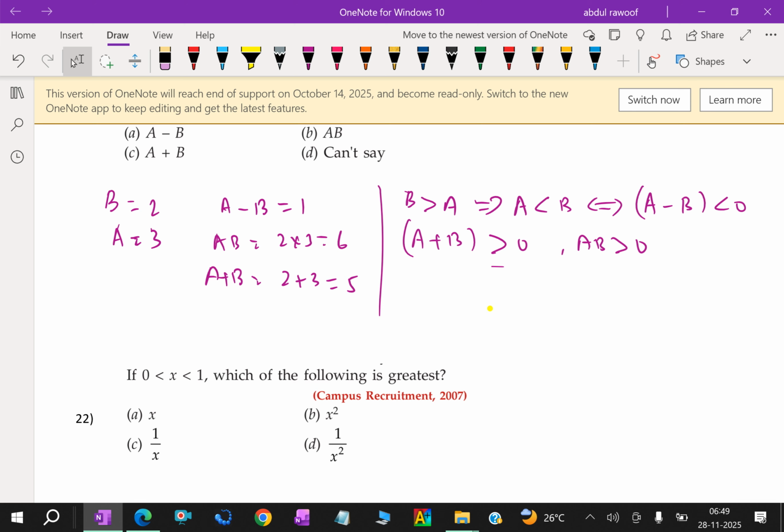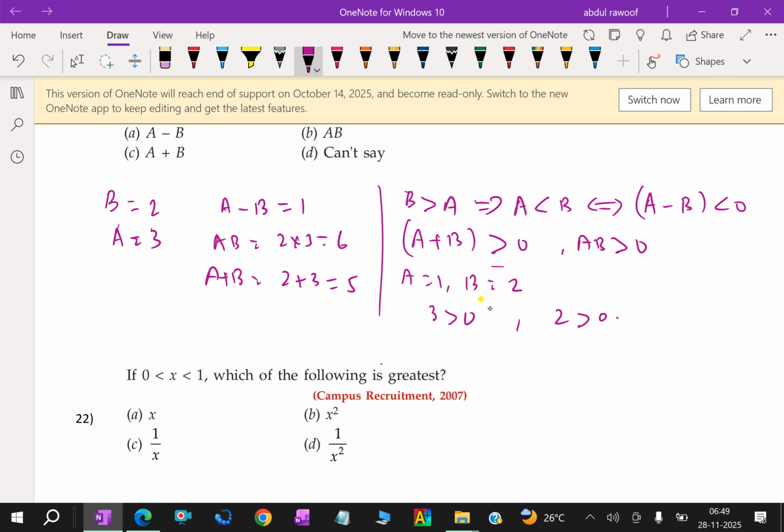Here a is 1, b is 2. For example, a equal to 1, b is 2. We have a plus b is 3, which is greater than 0, and ab is 2 into 1, which is 2, greater than 0.